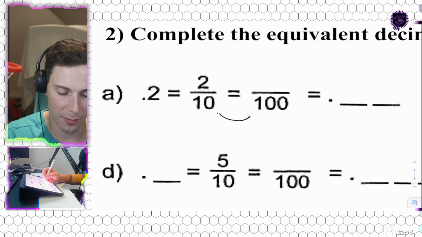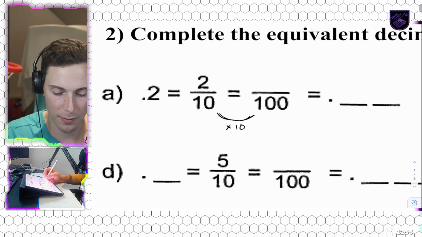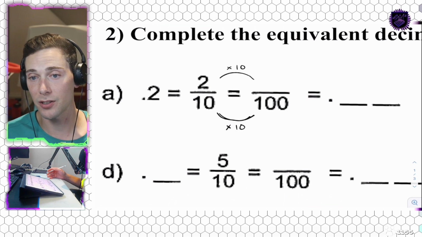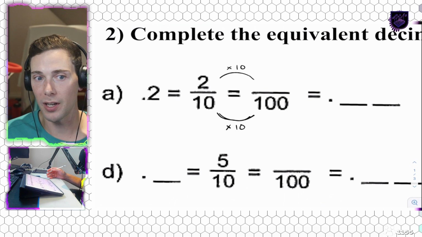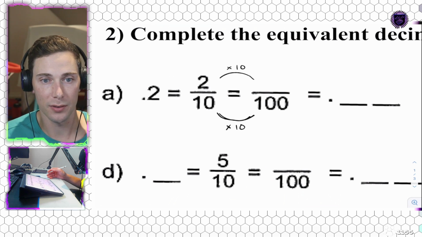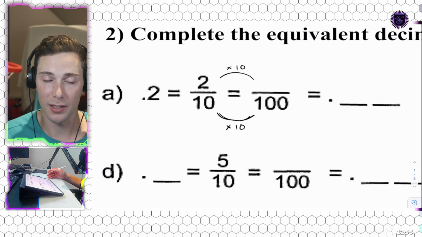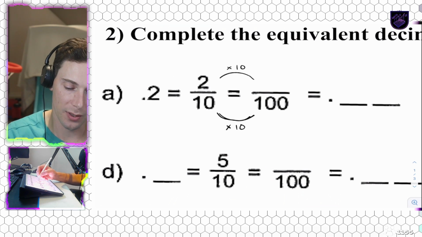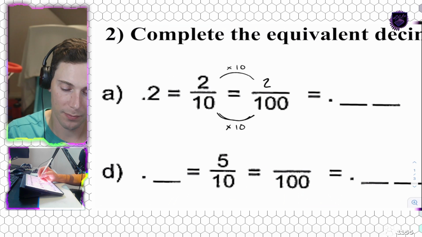What did we do to get from 10 to 100? We multiplied it times 10. So we're going to do the same up here. We're going to multiply times 10. This is how you find equivalent fractions: you multiply the numerator and the denominator by the same number. So if you multiply the numerator by 10, you got to multiply the denominator by 10 and vice versa. So that's going to make 20. 10 times 2 is 20.